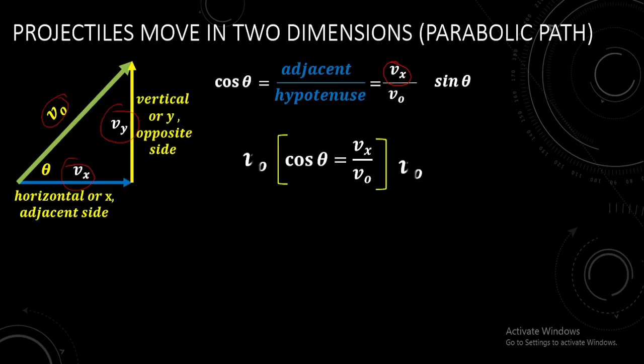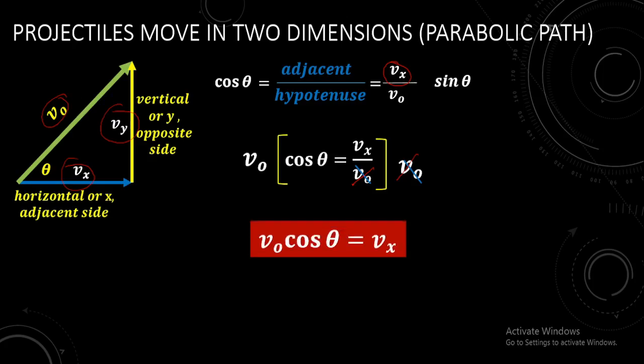Multiply both sides by v sub o, so the v sub o here will cancel out. And then you have a new formula: the velocity along the x-axis is equivalent to v sub o cosine theta. For the y component, we can solve it using the sine function, which is equal to the vertical, or the opposite side, over the hypotenuse. This is equal to v sub y all over v sub o.